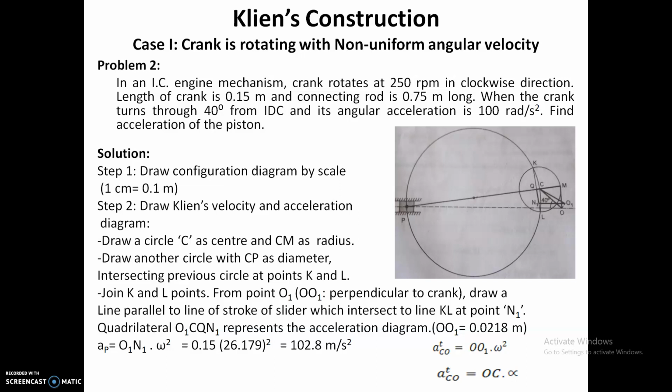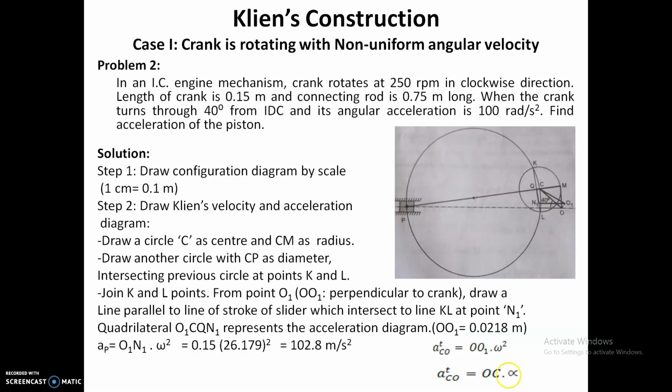Now what is the magnitude of OO1? For getting this magnitude, we have two formulae. Number one: the tangential component of the crank is equal to OC into alpha. This formula we have used in the relative velocity and acceleration method, that is, the tangential component of the crank is equal to the length of the crank into alpha of the crank.